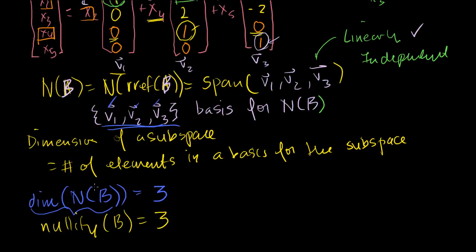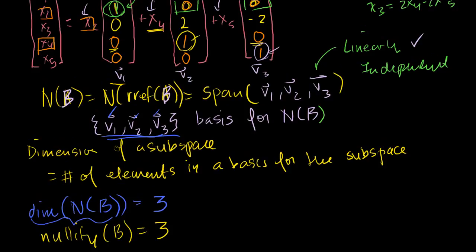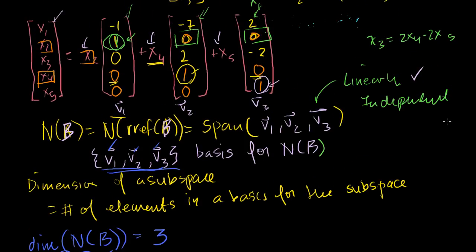And let's think about it. I went through all of this exercise, but what is the nullity of any matrix going to be equal to? It's the dimension of the null space. Well, for the dimension of the null space, you're always going to have as many vectors here as you have free variables.